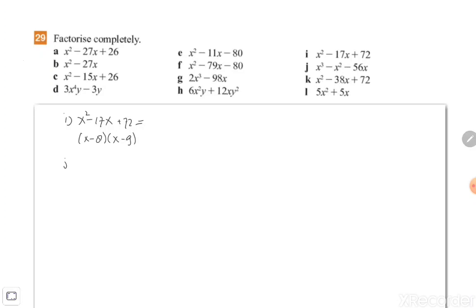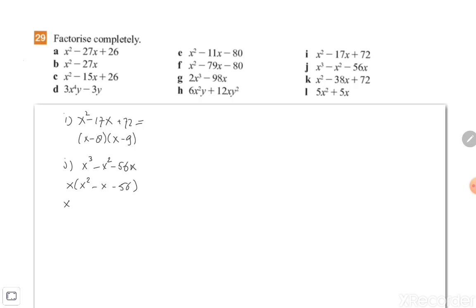There you go. J. X to the power of 3 minus x squared minus 56x. First we need to put something outside all those terms, and that's the letter x. Then we still have left x squared minus x minus 56. Here we need to use the product sum method again.